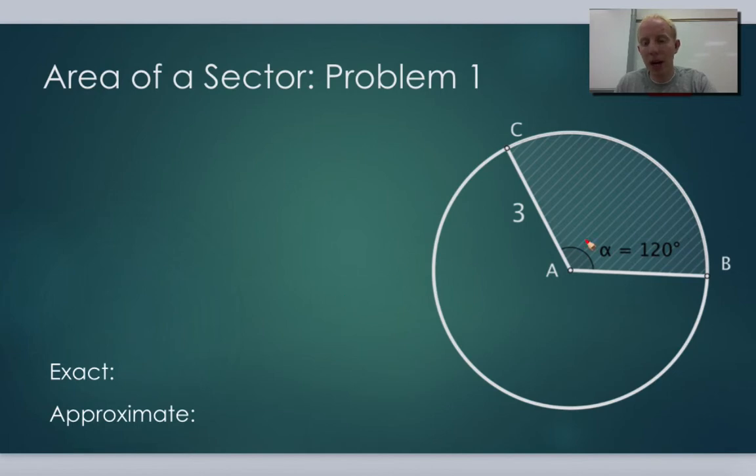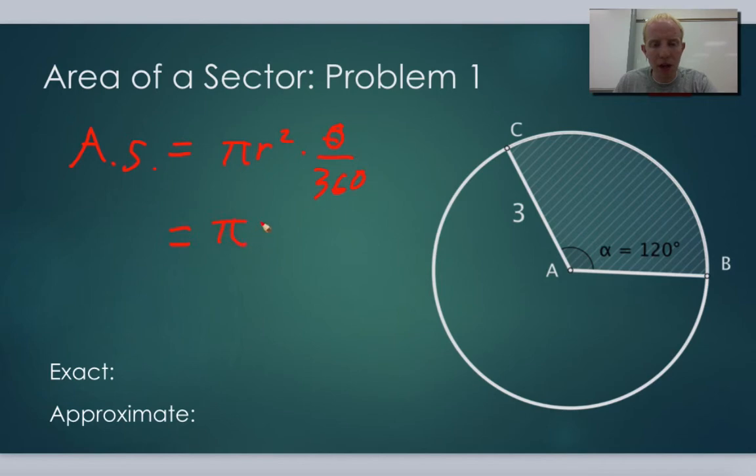So let's say you have this circle. It has a radius of 3, and you want to find the area of this sector, 120 degrees. Okay, you want to find how much area just that portion of the circle takes up. Okay, well, we're going to use our formula. The area of a sector is equal to pi r squared times the angle over 360. We identify that the radius is 3 in this case, and the angle is 120.